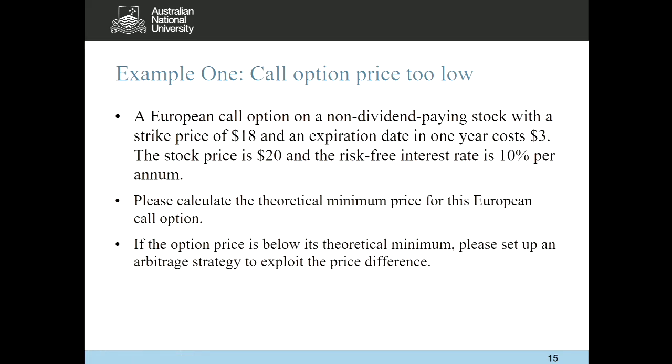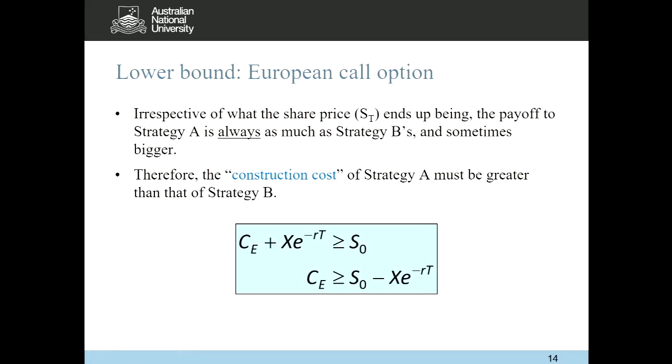We know what the theoretical minimum is because we derived the lower bound, right? And we also happen to know the share price is 20 and strike price is 18, right? So what we could have done is 20 minus the present value of 18, then we can deduce the theoretical minimum for this European call option. Yes?